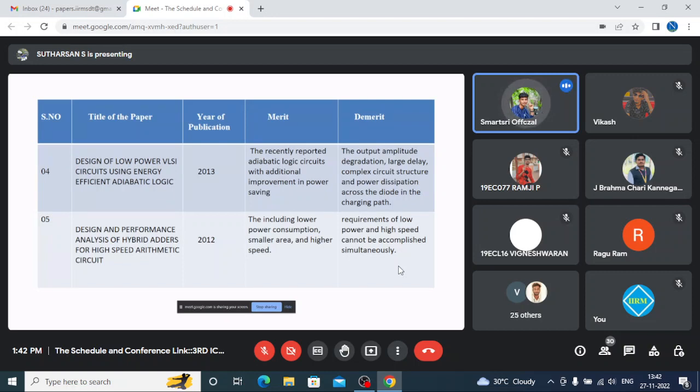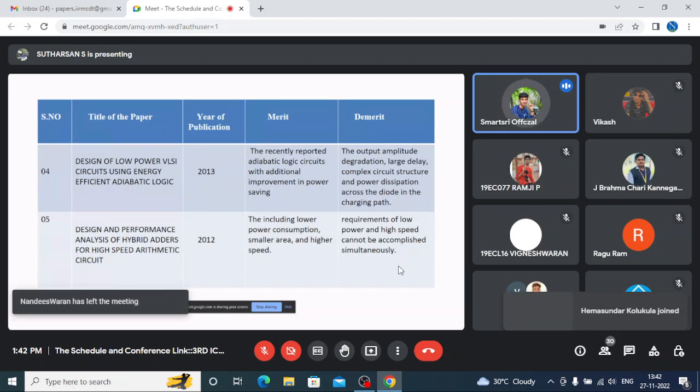The demerit is that it consumes energy, has large delay, and power dissipation occurs across the diode in the charging path, sir. In 2012, the design and performance analysis of hybrid adders for high speed arithmetic circuits was implemented. The advantage is low power consumption with smaller area and higher speed, but the main disadvantage is that low power and high speed cannot be accomplished simultaneously, sir.